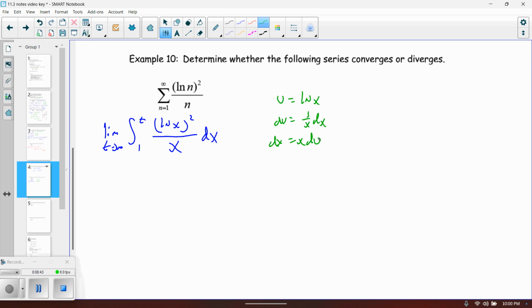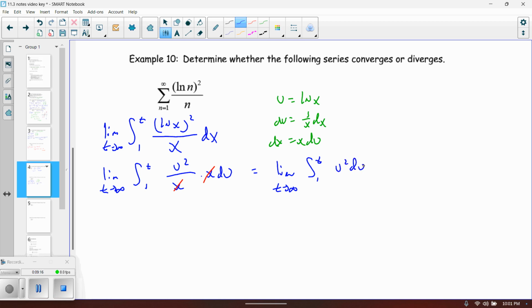That's good. That'll get rid of that extra x in the denominator. So we should have the limit as t goes to infinity of the integral from 1 to t of u squared over x times x du. The x's will go away, nicely divide out of there. And we get the limit as t goes to infinity, integral from 1 to t of u squared du.